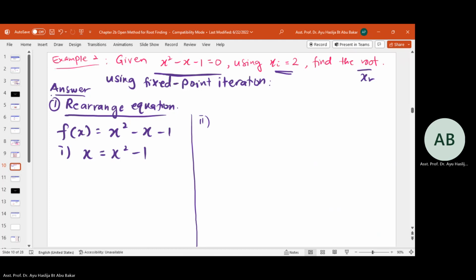Again, root of x plus 1. Okay. Another option. One more option.